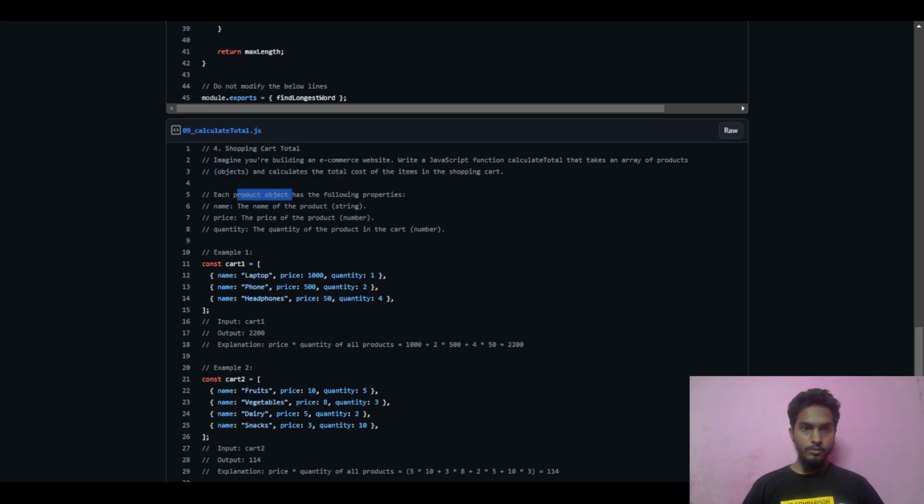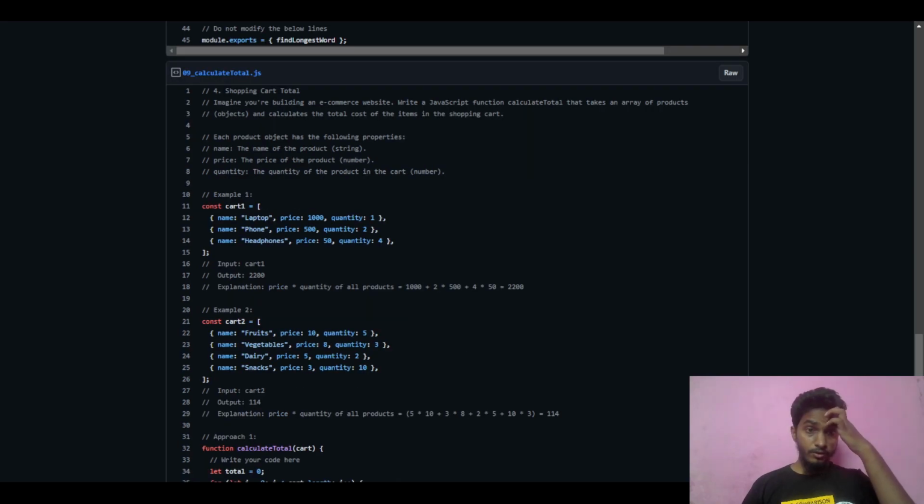Each product object contains name, price and quantity. So we have to calculate price times quantity of all products. So we have to do 1000 times 1, 500 times 2 and 50 times 4, which will equal 2200.